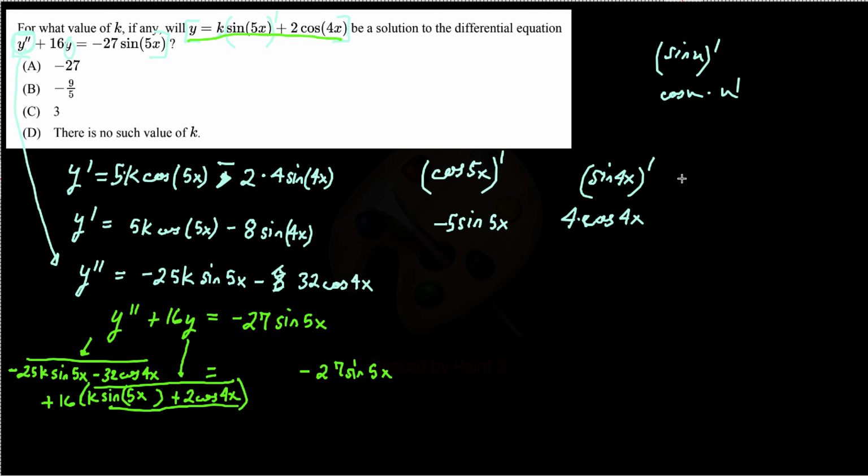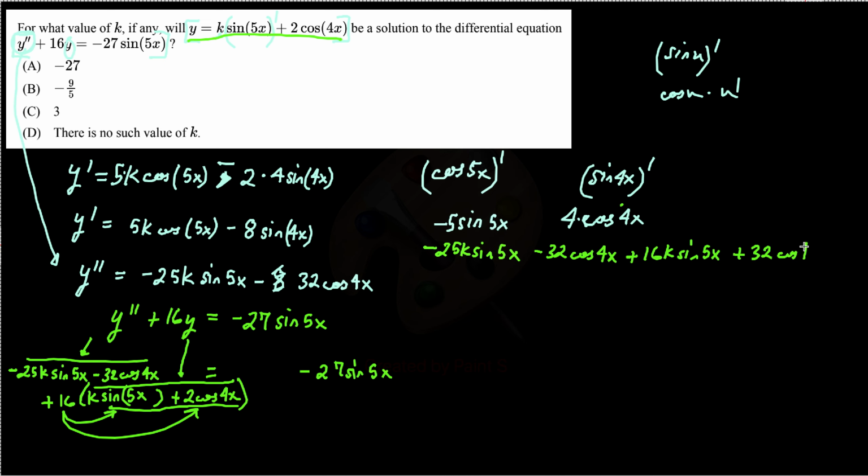So I've got negative 25k sine 5x minus 32 cosine 4x plus 16k sine 5x plus 32 cosine 4x, because when I distribute the 16, it's 16k sine 5x and 32 cosine 4x. That should equal negative 27 sine 5x.